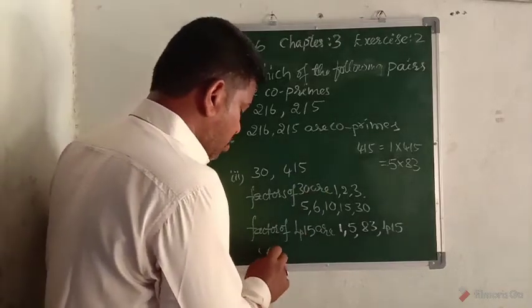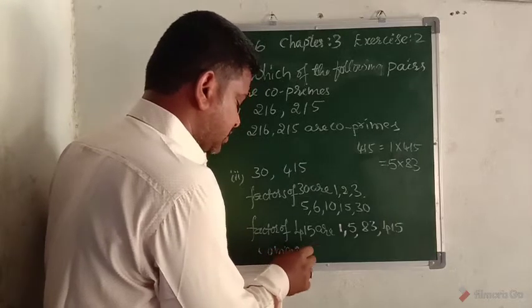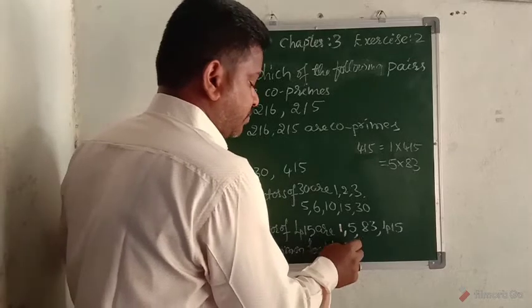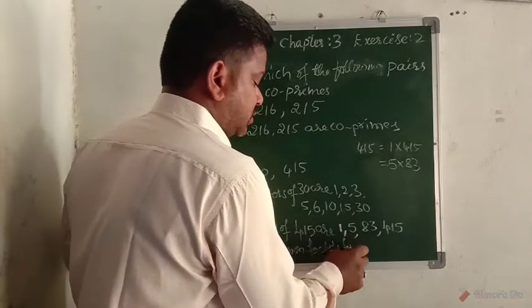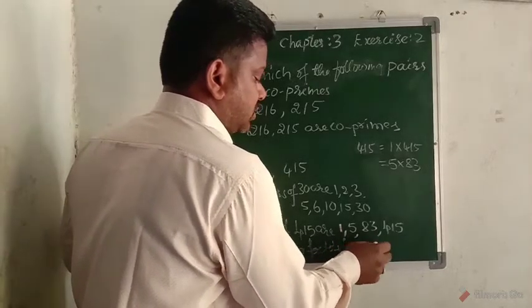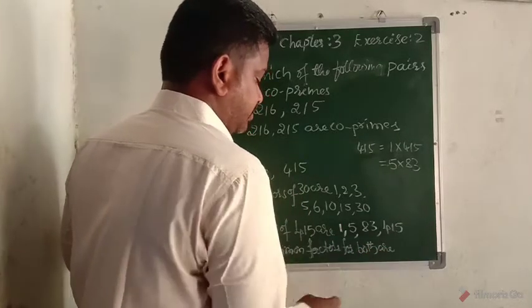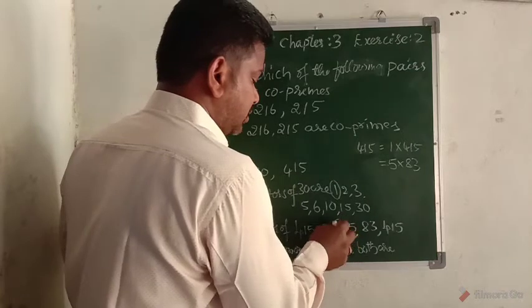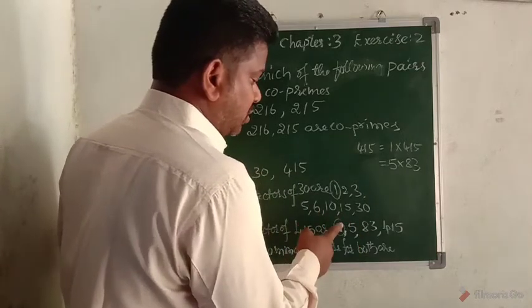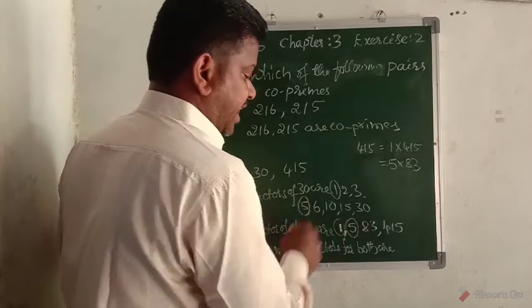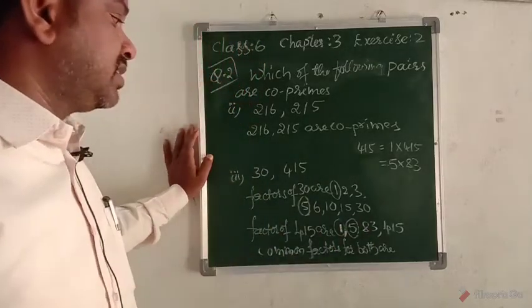Now we have the factors of 30 and the factors of 415. Now find the common factors. What are the common factors of both numbers, 30 and 415? One is common. Is there any other common number? Yes, 5 and 5.